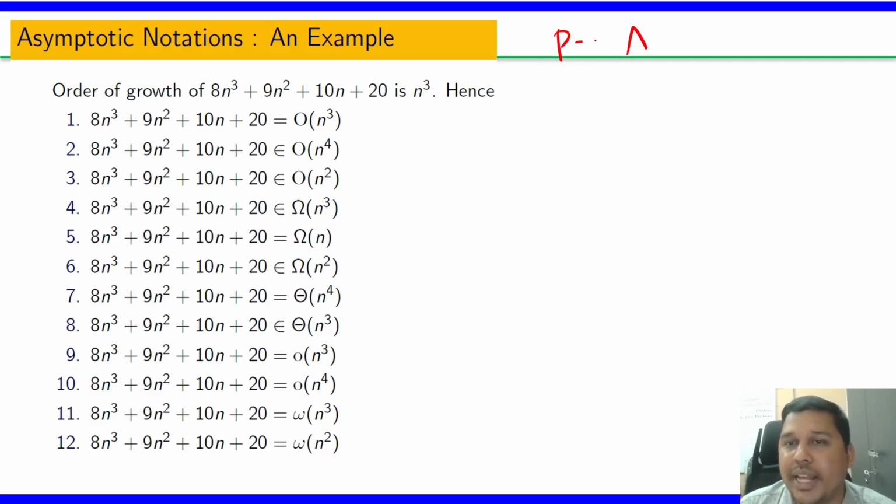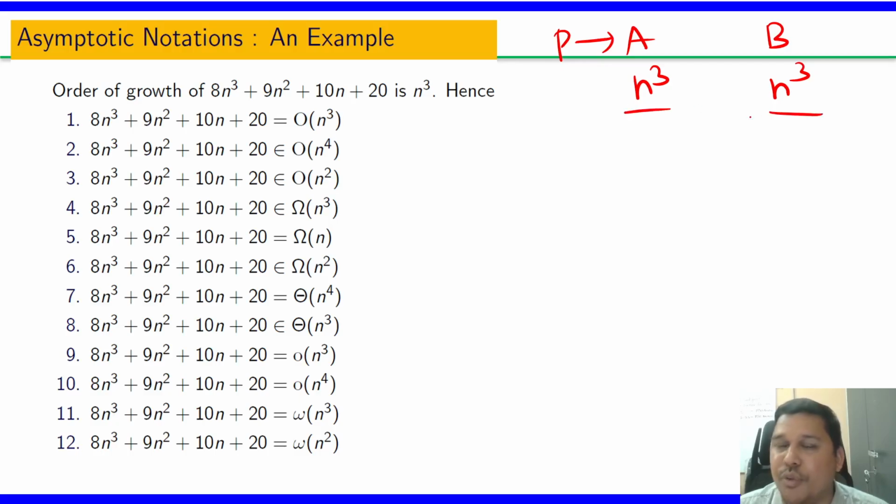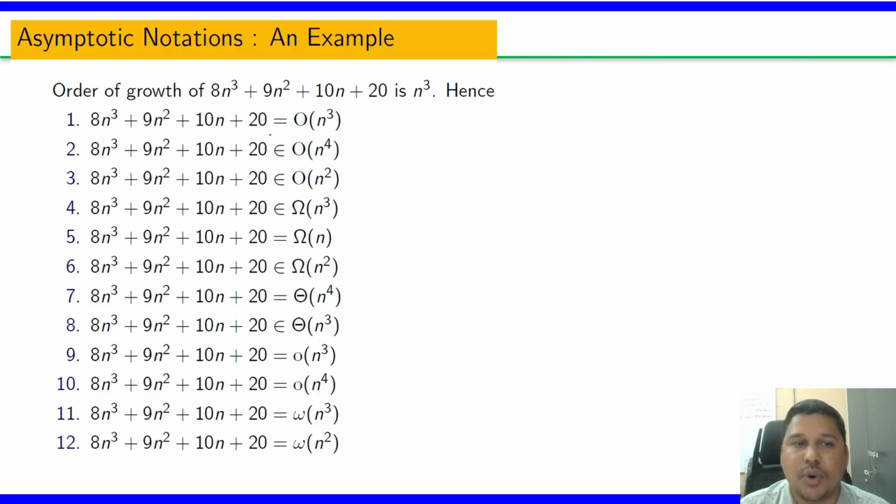For program P, algorithm A has order of growth n cube. Algorithm B also has order of growth n cube. You cannot compare and say both are equal. No, this is one more level of complexity. By seeing the order of growth alone, you cannot tell which one is best. We have to represent the notations and understand them.